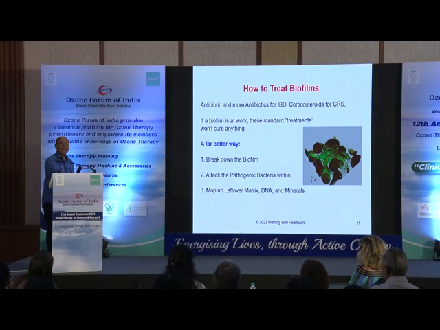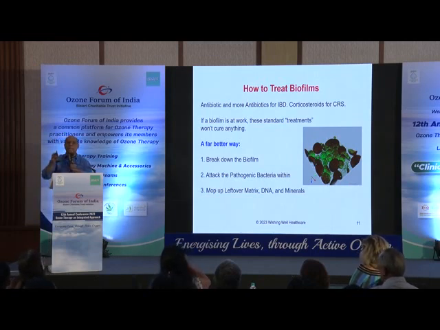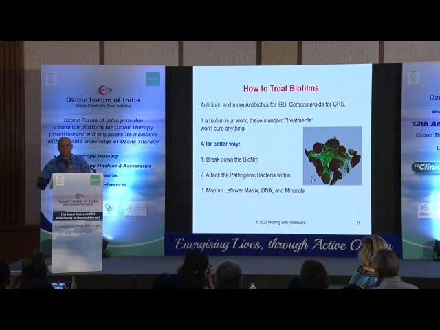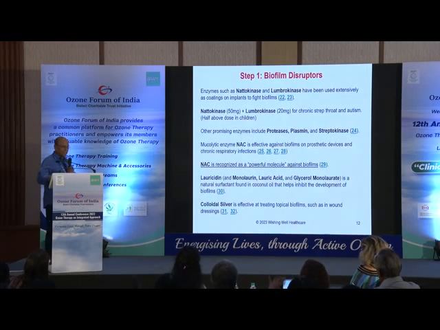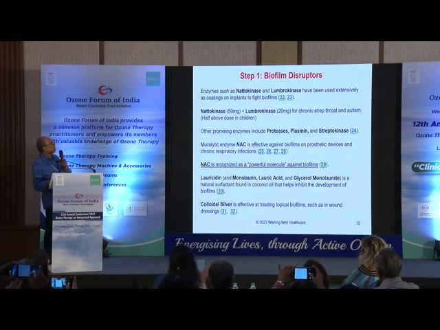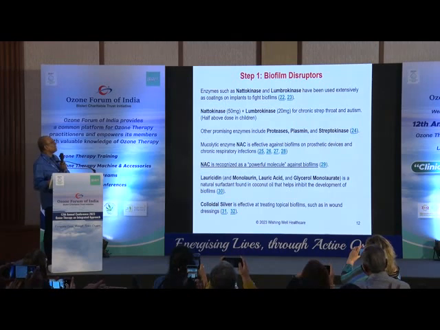So, there are a whole bunch of options that we can use which are biofilm disruptors. And thankfully, none of them are drug-based. Isn't that nice? So here they are. Nattokinase and lumbrokinase are very good biofilm disruptors.